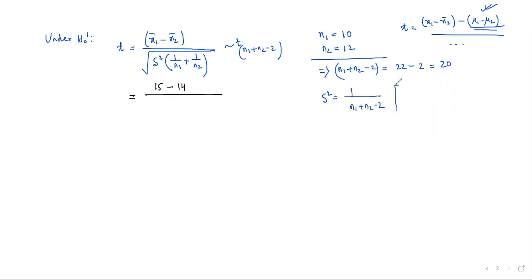minus 2, which is summation xi minus x1 bar over i whole square, and this is summation xj minus x2 bar over j whole square, and this is the formula.